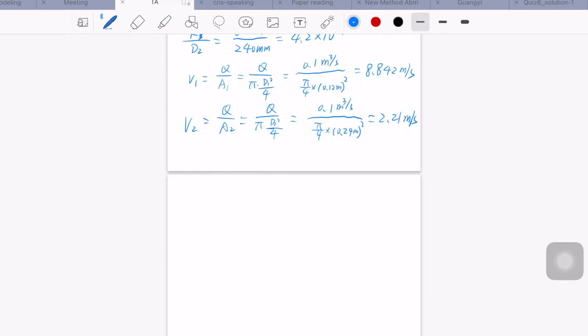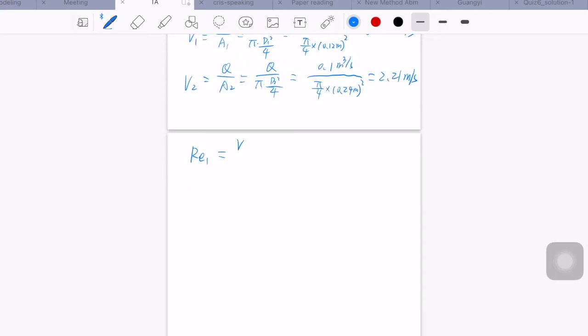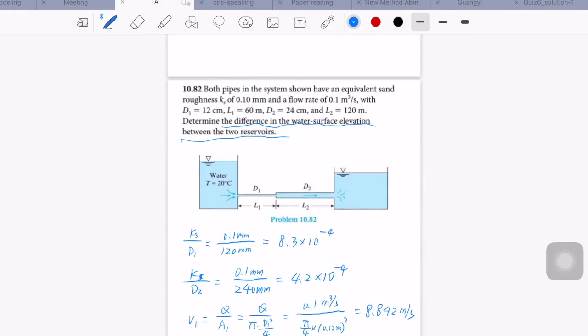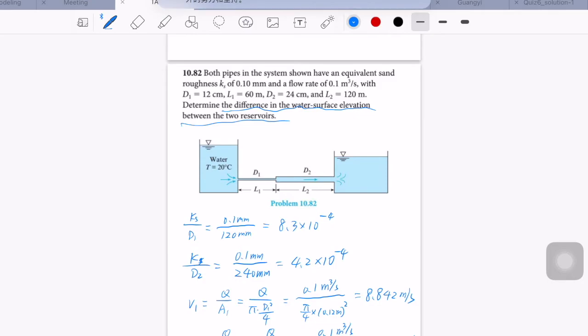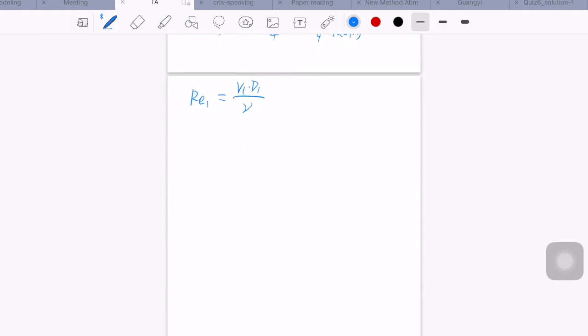And then we can determine the Reynolds number in each pipe. So the Reynolds number RE1 should be equal to V1 times D1 divided by the nu. And according to this problem, we know that the water temperature is 20 degrees Celsius.